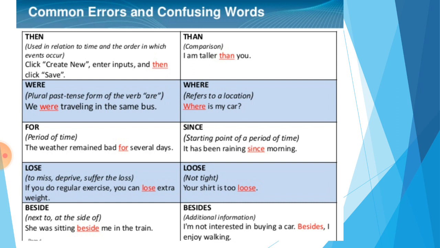Example, she was sitting beside me in the train, meaning next to or at the side of. Here the meaning of besides is in addition to, additional information. Okay, in addition to. I am not interested in buying a car, besides I enjoy walking.